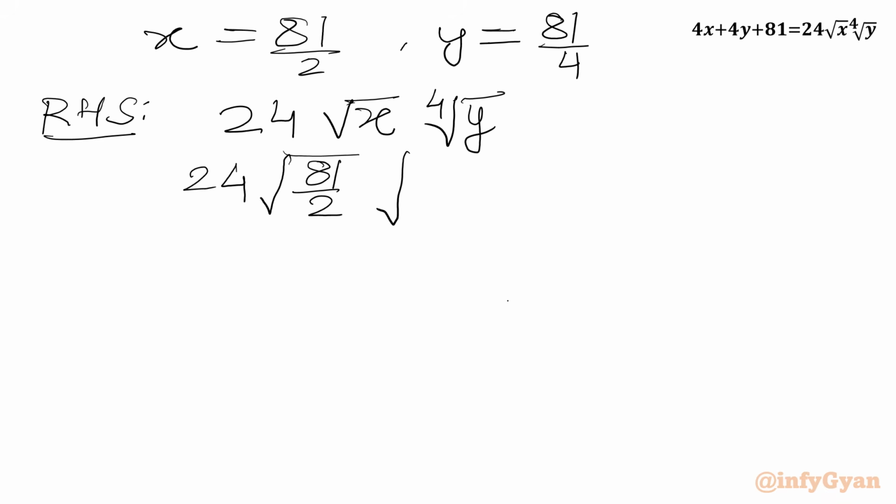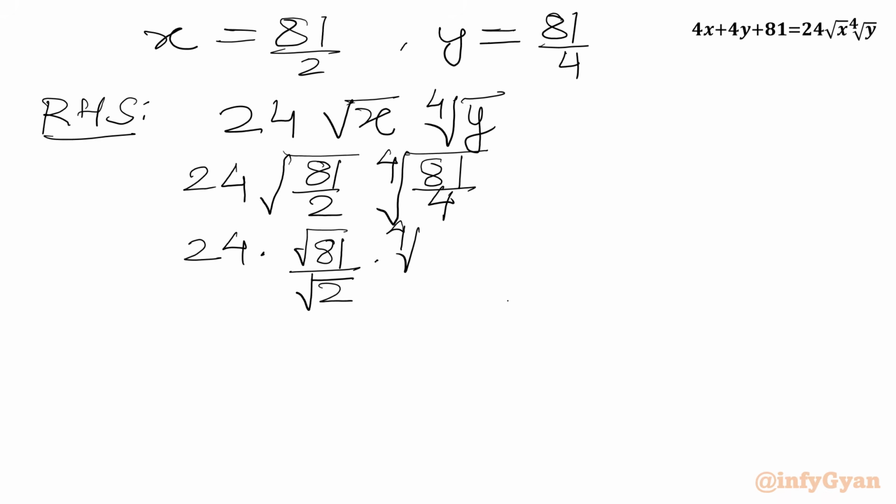Then we'll multiply with 4th root of 81 over 4. Now we'll write 24 times square root 81 over square root 2 times 4th root 81 over 4th root 4.